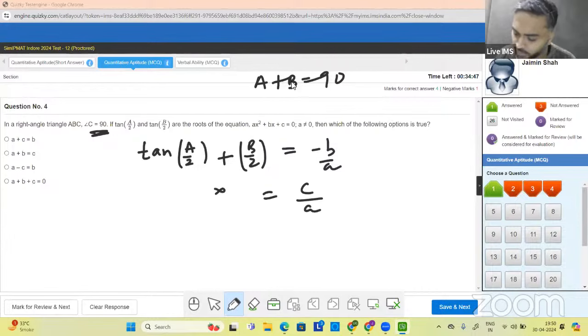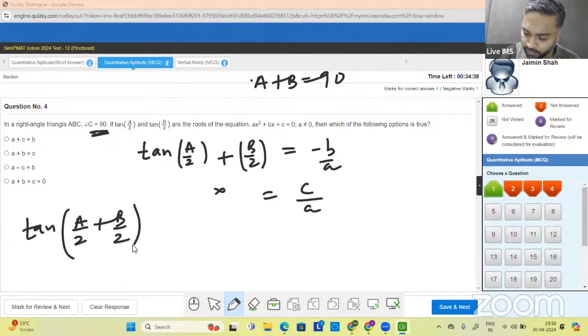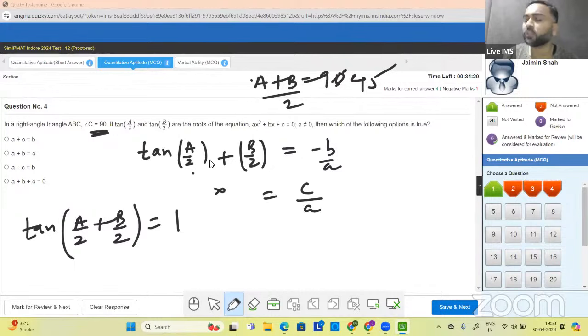Okay, so ठीक है, if from here I say that tan of A by 2 plus B by 2 basically will be 1, because I divide, ये 45 हो गया और ये divide by 2 हो गया, right? So now I will be able to use tan of A plus tan of B somehow. This is how I will be able to use.